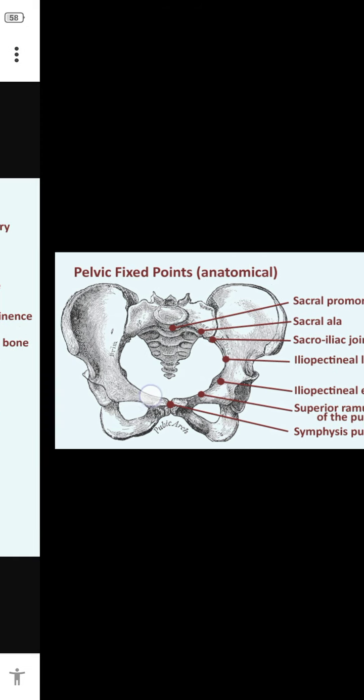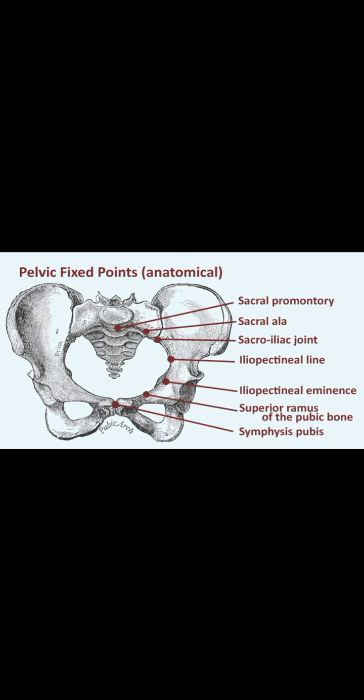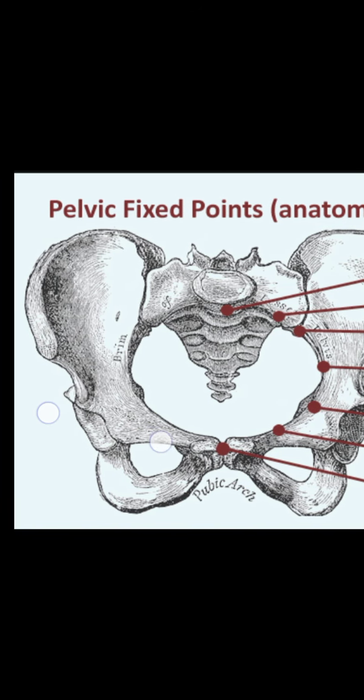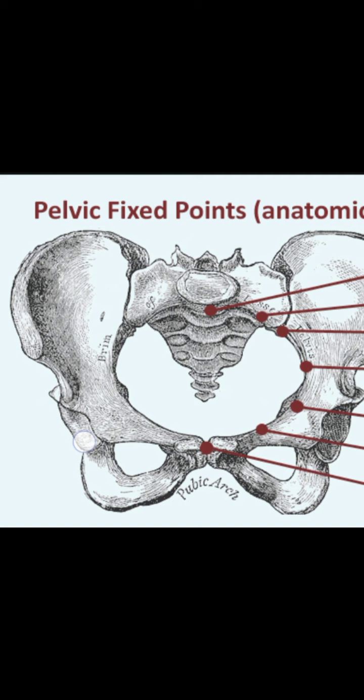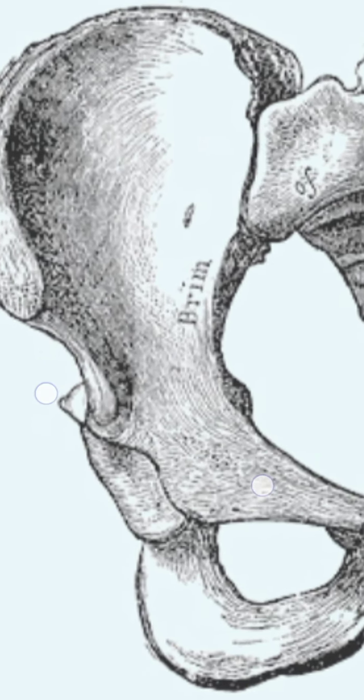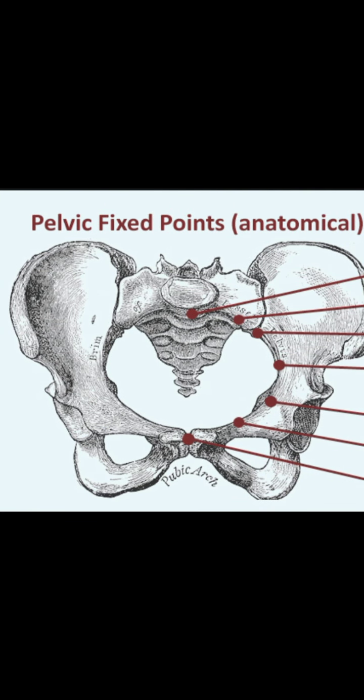This outer part is called the brim. You can see it marked here. This round structure is made up of the brim.